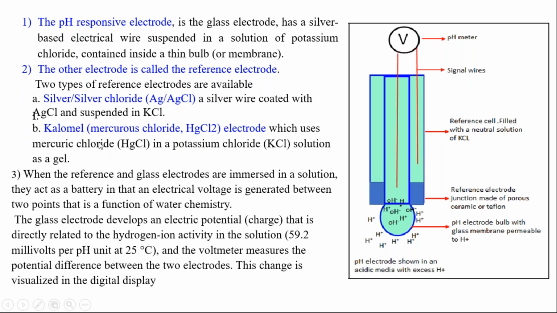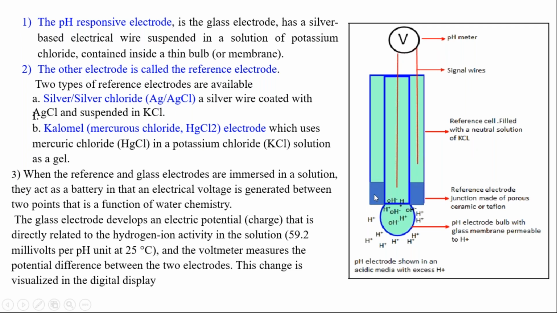So when you are ordering a pH meter, please look for the reference electrode, and it is always preferable to use a calomel electrode. Now, when this pH electrode is suspended in a solution, that means the solution whose pH you want to measure, because there are two electrodes and it is connected to an electrical voltage, a battery, electrical voltage is generated.